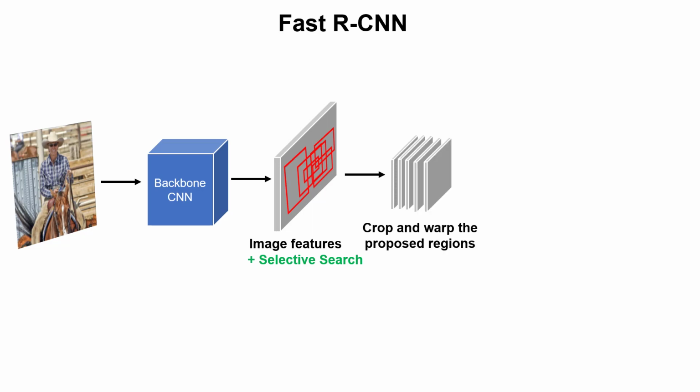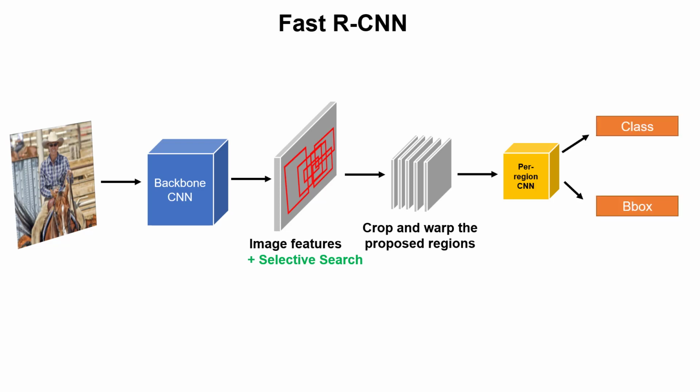We crop and warp the proposed regions, and finally we pass each of them to another module, which is just a shallow lightweight CNN module, or even just fully connected layers, which are not computationally expensive like the whole CNN module used in RCNN. And like before, it again generates two outputs.